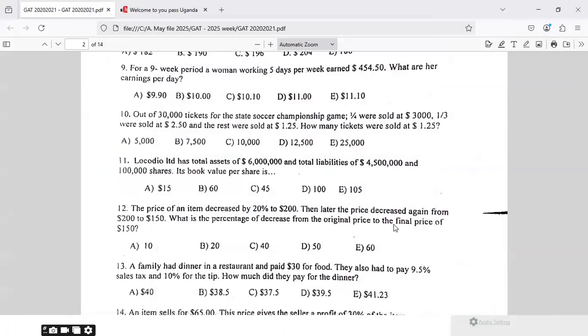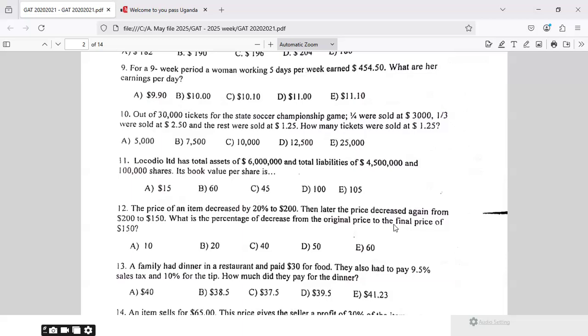Let's look at let's look at 11. 11 says, is it 11 or 10?